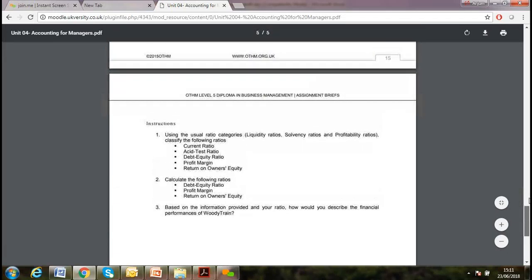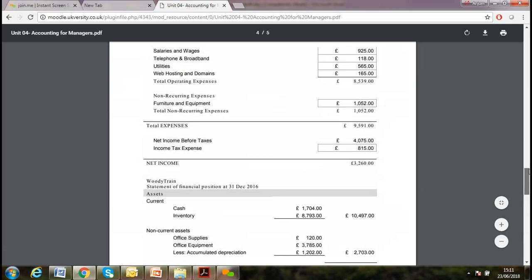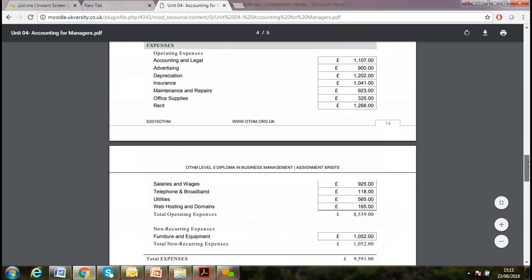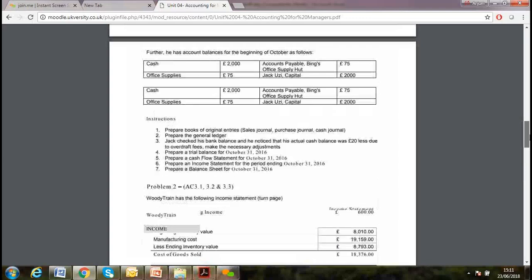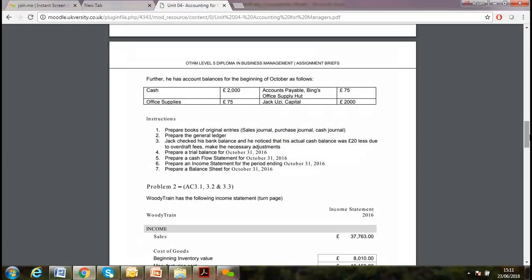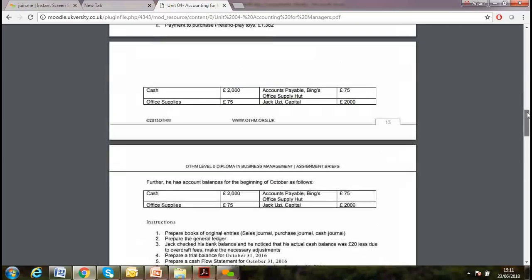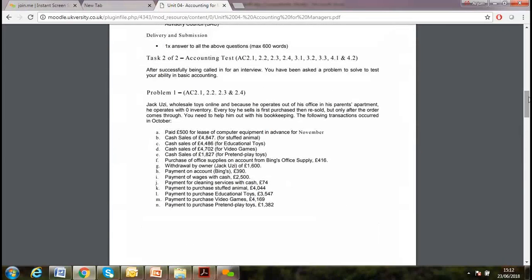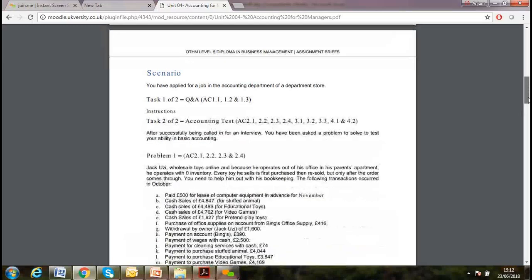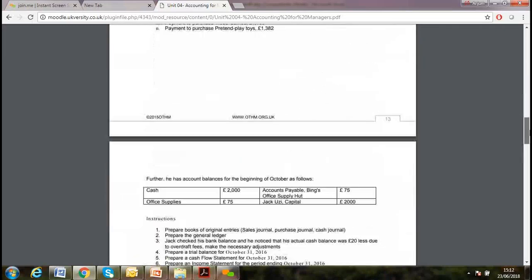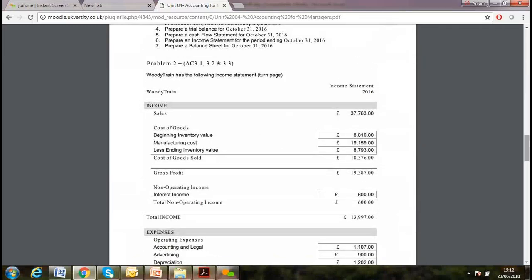I'll explain the ratios as well, but if you go through the slides you'll get it automatically, because the figures are already there, just a normal division. I'll go through with you and we'll prepare the balance sheet and all things. I'll go through task 2 and task 1 if we need to readdress things, and then things will be fine. Thank you. Okay, done.